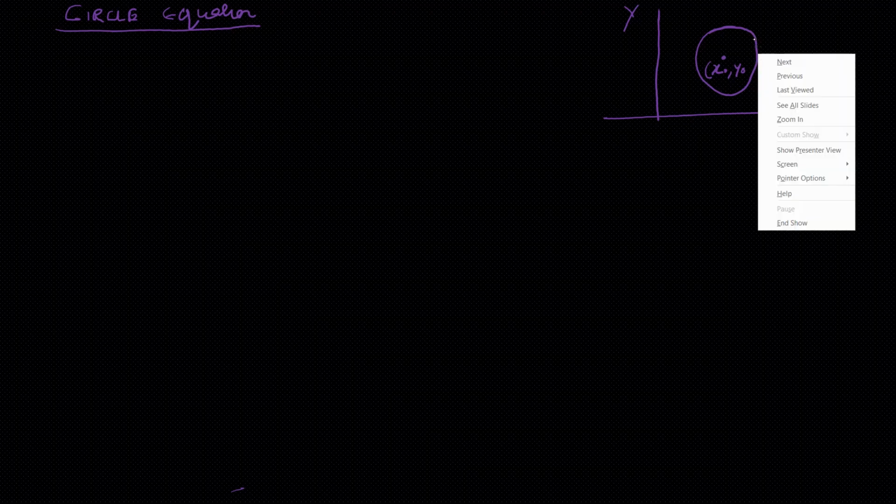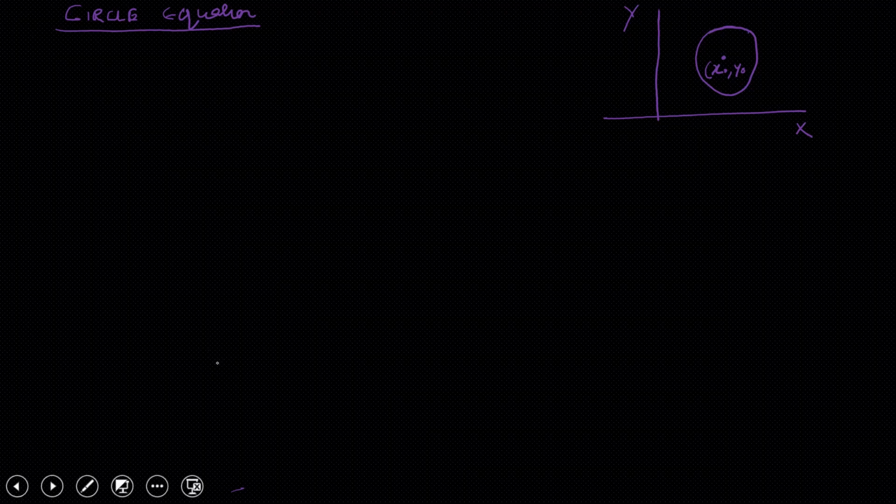So let's quickly revise the circle equation. Those of you who know it can increase the playback speed to revise it again. Okay, don't skip, because I might take up some point which you don't know. So if you have a circle here in your xy coordinates, and its center is defined by x naught, y naught, then defining a circle equation means we want to know the values of x and y at any point of our circle.